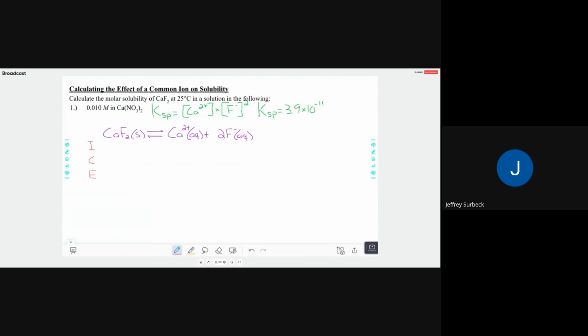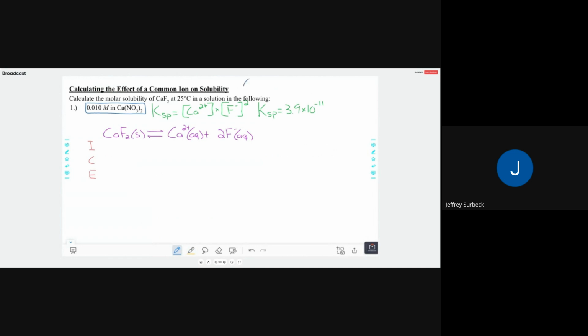But then we need to think about what we have to start with and what common ion we have. So I'm going to box in where it says number 1, we start in a solution of 0.01 molar calcium nitrate. I'm going to write this above here, right next to the start of our problem.